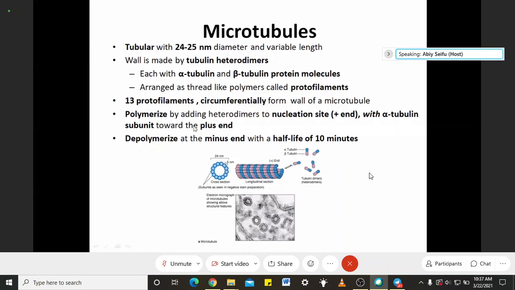I told you one protofilament is formed by polymerization, or adding of the tubulin from one end to the other. This is the beginning region, and the adding region is named the plus end. Always toward the plus end, it is the tubulin that is oriented. You see, the alpha is oriented at the beginning side, and beta is towards the adding side. We call these adding sides plus ends.